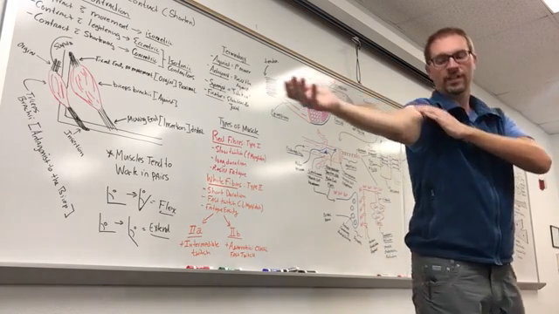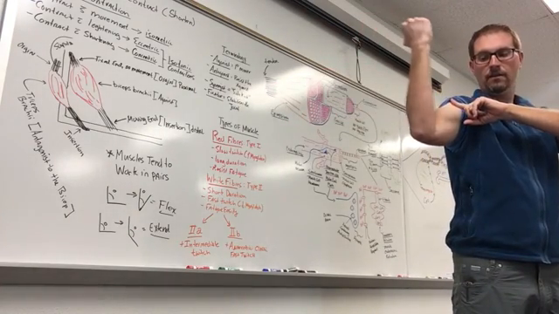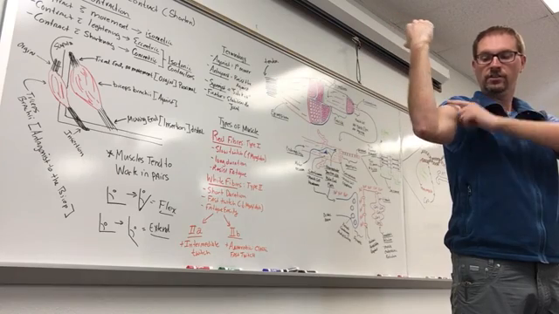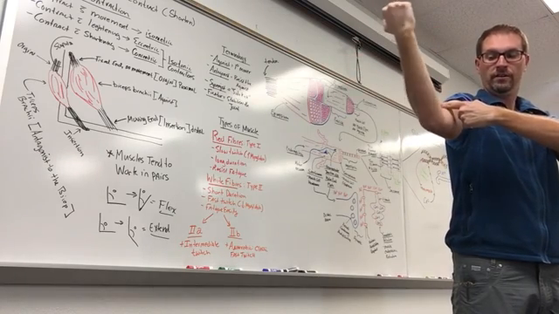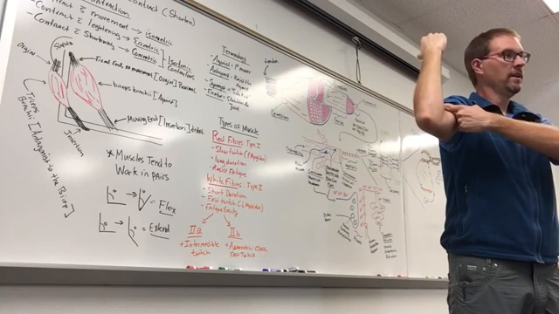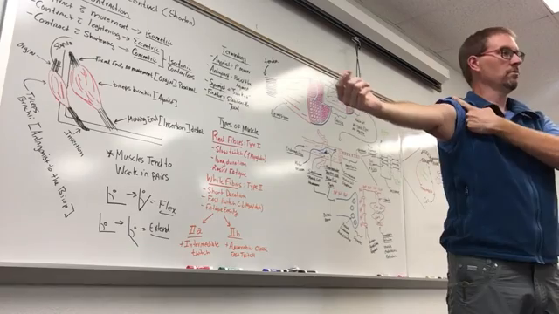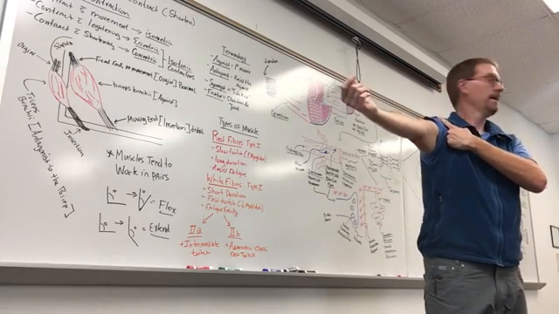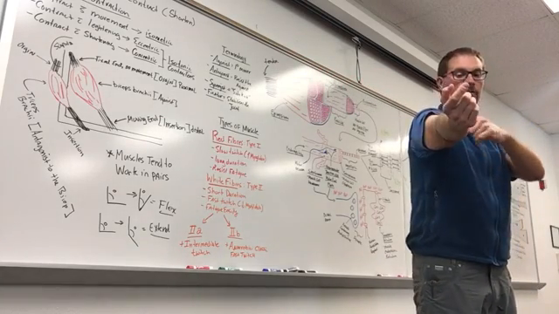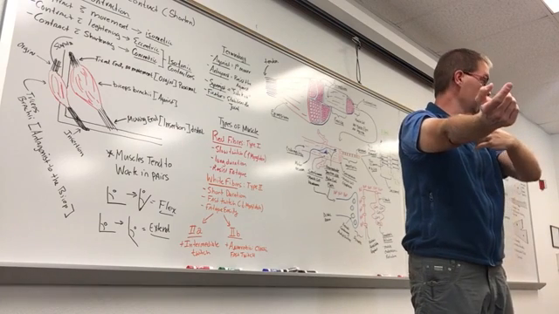So the bicep is attached here at the origin. It's not moving here. When it gets shorter, and look, you can actually see my bicep shorten. It's not a very big bicep, but you can see it become shorter. Where is that movement occurring? That movement is distal to the origin, so clearly the insertion point is going to be down here somewhere in the forearm.